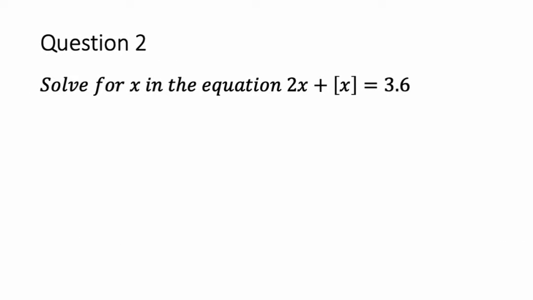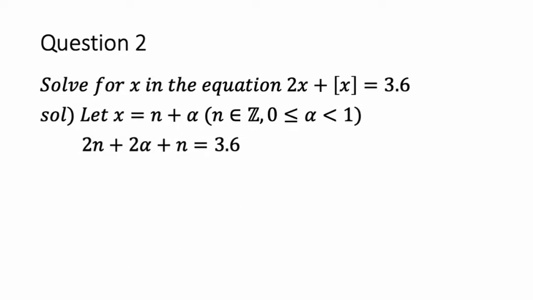Question 2. It asks to solve for x in the equation 2x plus the function of x equals 3.6. Again, we'll use our first property to solve this question. By our first property, we can get that 2n plus 2 alpha plus n equals 3.6. Notice that when we define x equals n plus alpha, alpha is between 0 and 1. This means that in the equation, 2 alpha will be between 0 and 2.